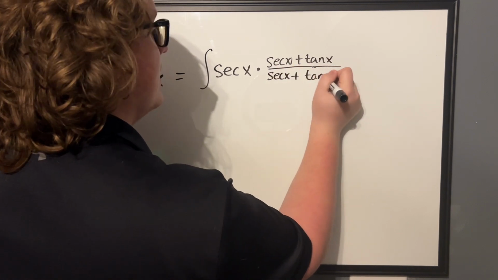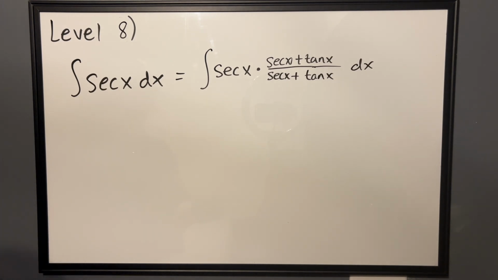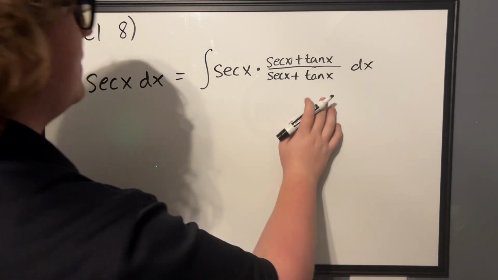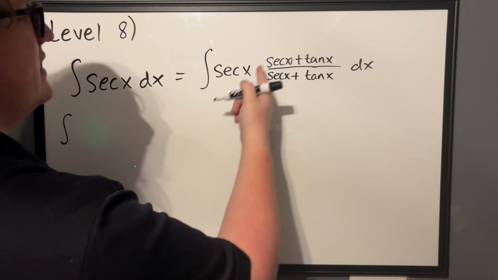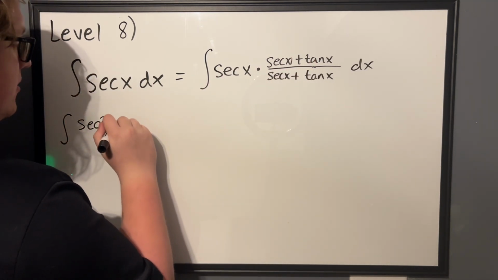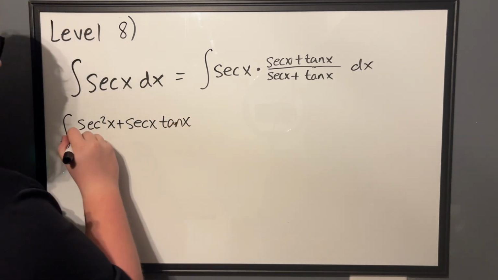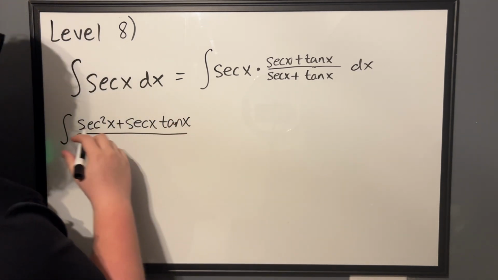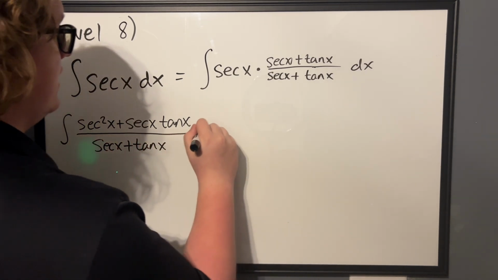And the reason is because this means when these divide, they just become 1, so it doesn't change what we have in here at all. So now we're going to rewrite this function: we multiply the secant x into the numerator, so we have secant squared x plus secant x tangent x over, the denominator stays the same, so we just have secant x plus tangent x.